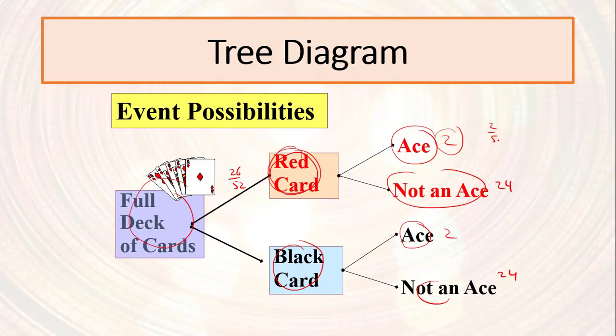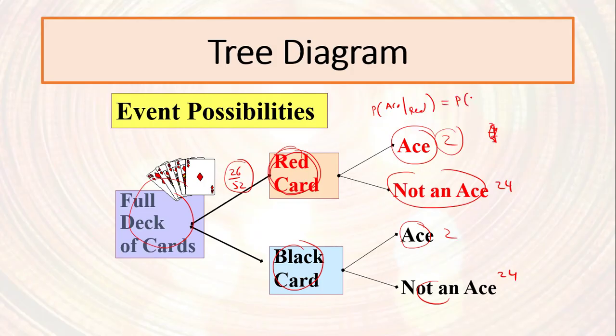So you can also say it's a conditional probability: the probability of getting an ace given it is a red card. That's what you want to find out.